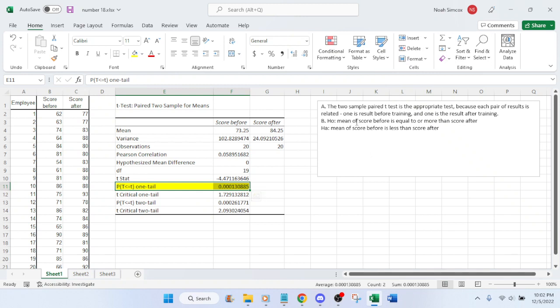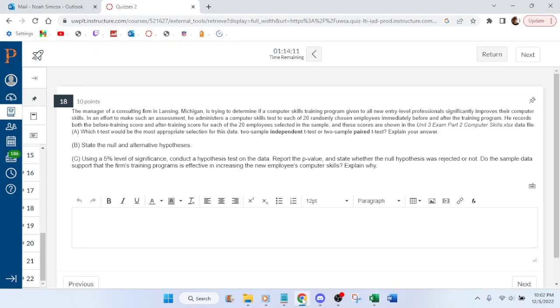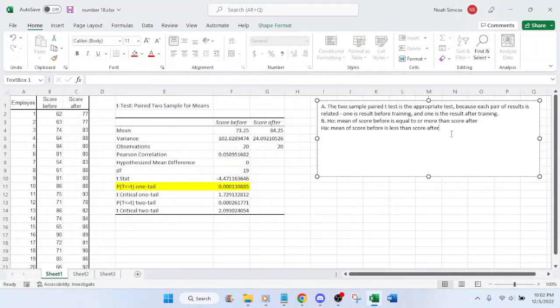The null is mean of the score before. So p-value of 0.0001.